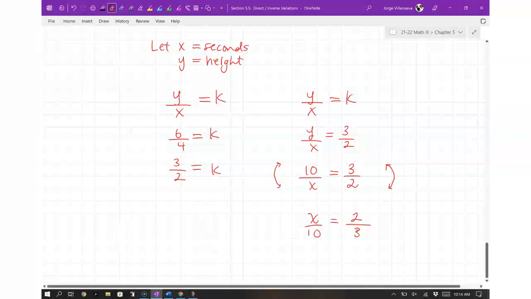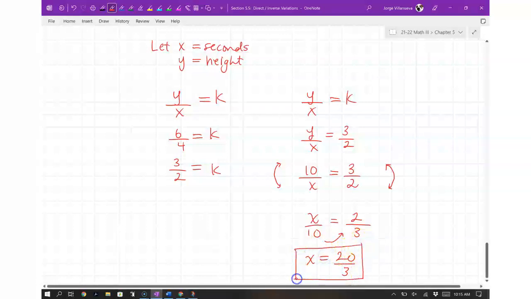So in order to solve for x, what do I have to do? The x is on top of the 10. Notice it's division by 10, so I multiply by 10. So x would be 20 over 3.